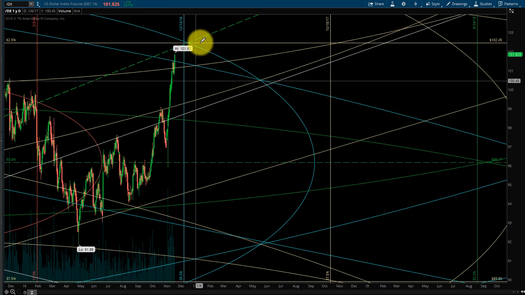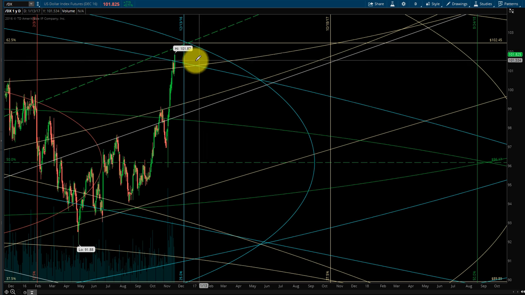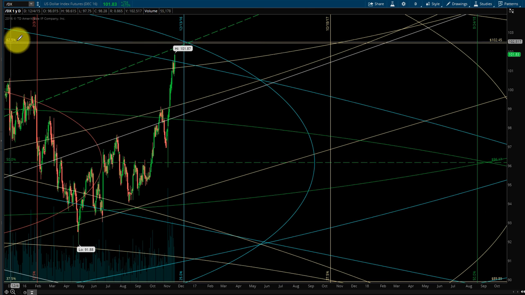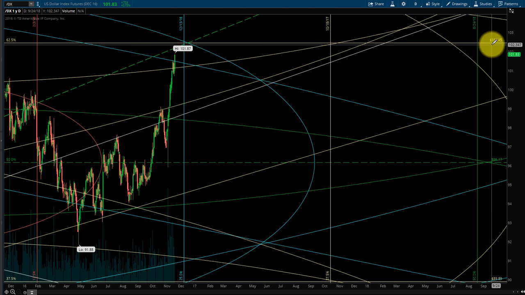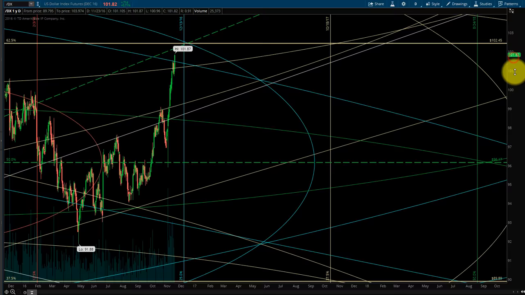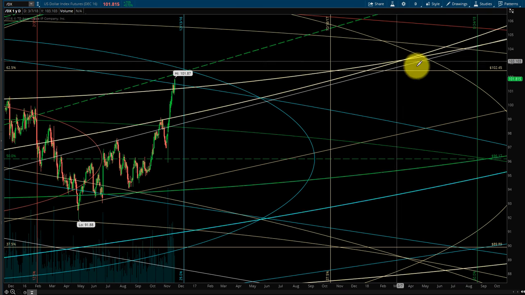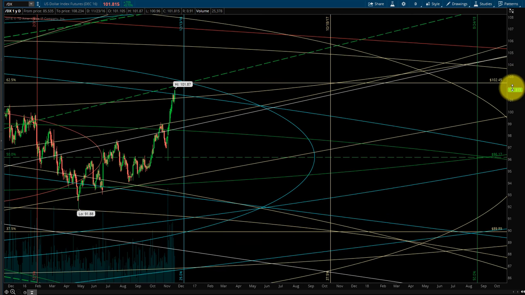As of today, it's at 101.87. You've got the 62.5% level right here, which is the 102.45, but it could go higher. If it gets above that 45, you better watch out. But this is just looking at the Gann grid.